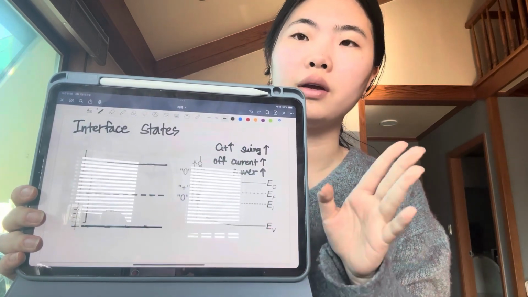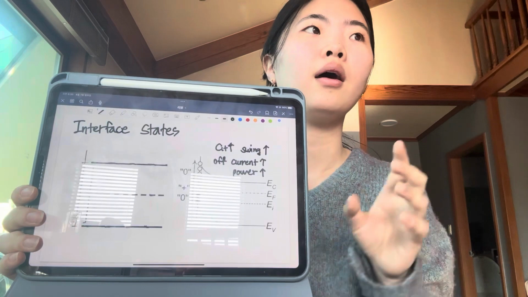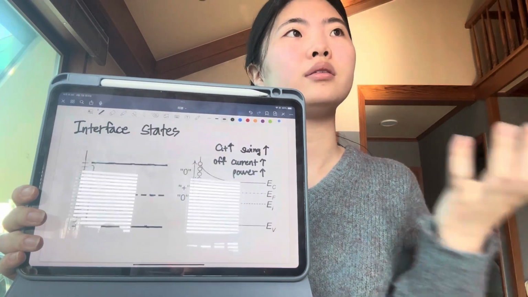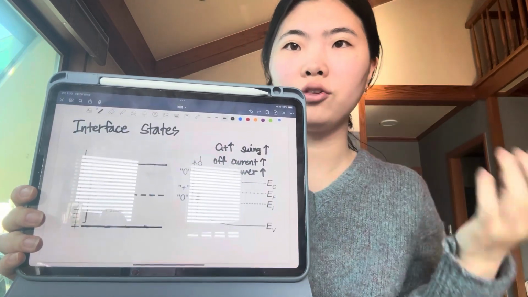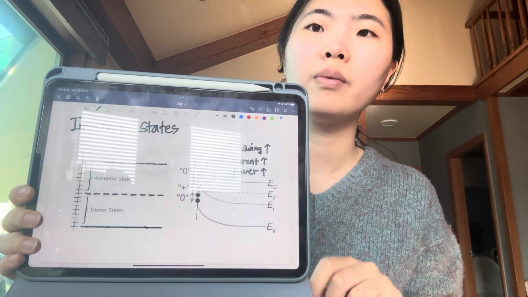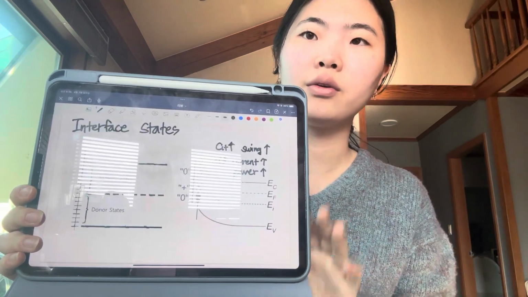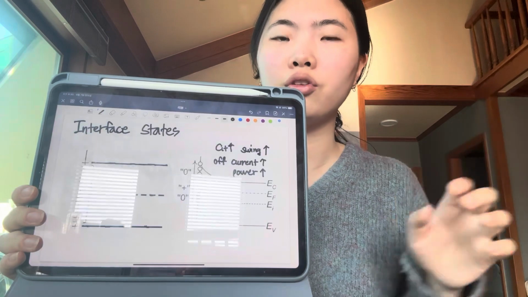Because of the interface traps and states, many results change, so we should know the characteristics of the interface and engineer it very well.